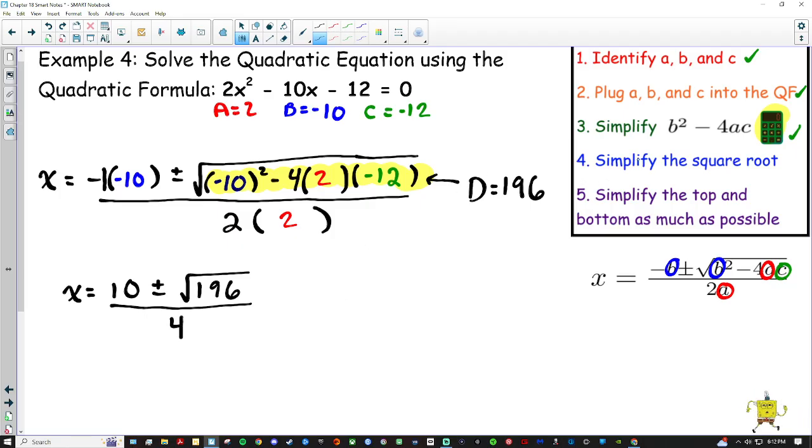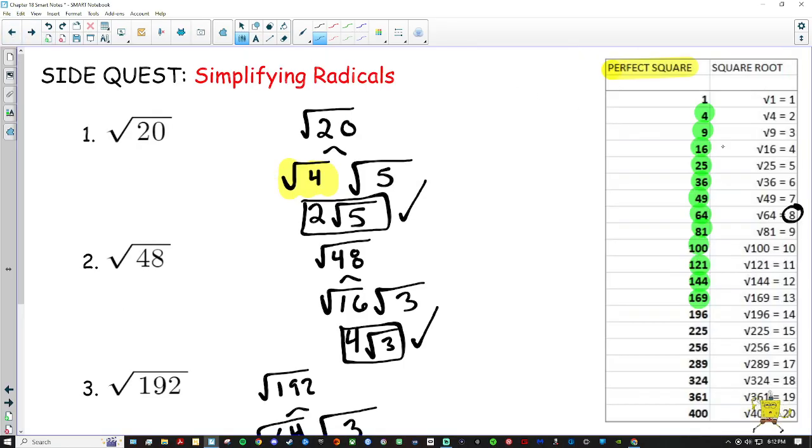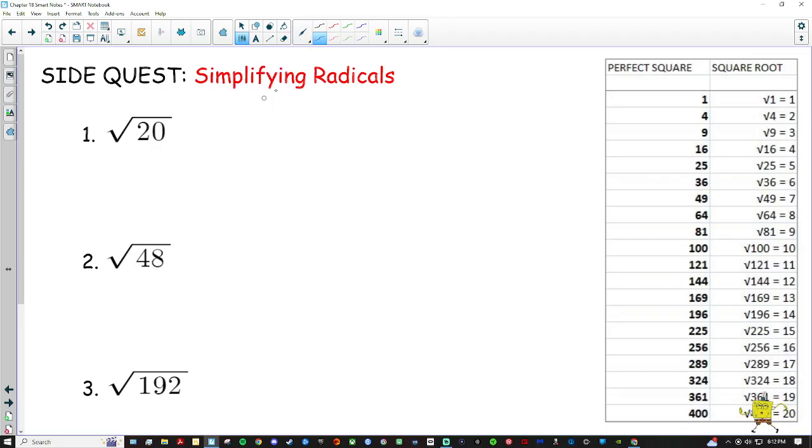Okay, so next, let's simplify the square root. So we need to simplify the square root of 196. So we're going to go take a look at our perfect square list from that past video. When I go take a look at this, here's 196. It's already a perfect square. The square root of 196 is 14.